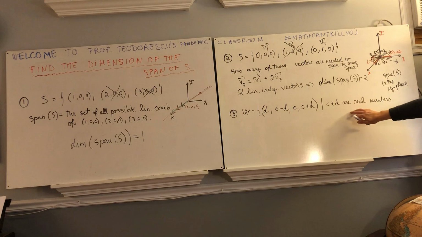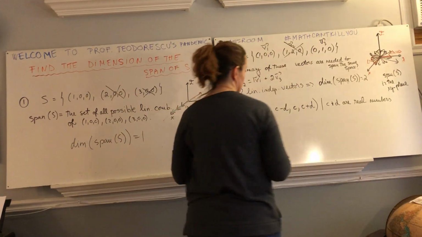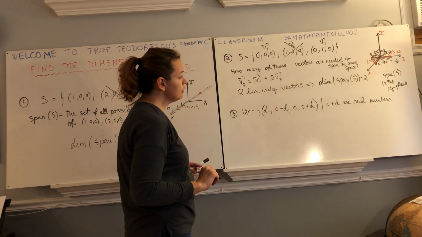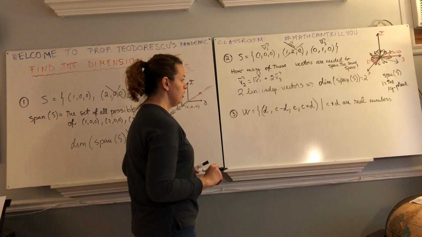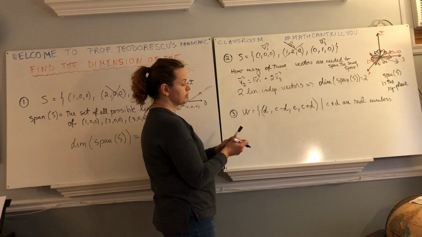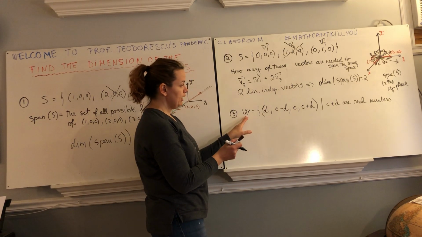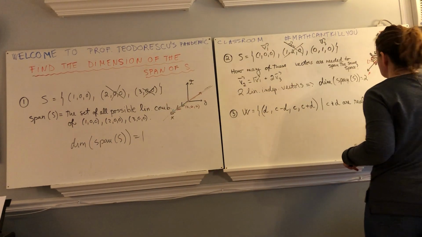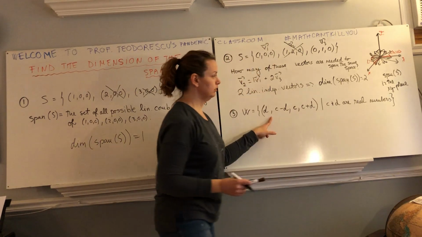This example 3 is similar to, I think, problems 69 and 70 in your homework. So you want to figure out how many vectors are necessary to span this space. Now, this space is really given to us in terms of its general term, right?